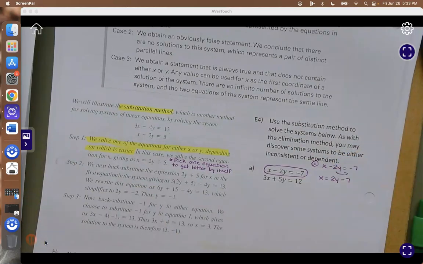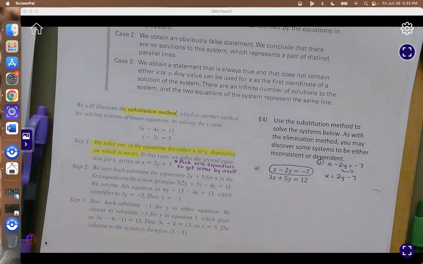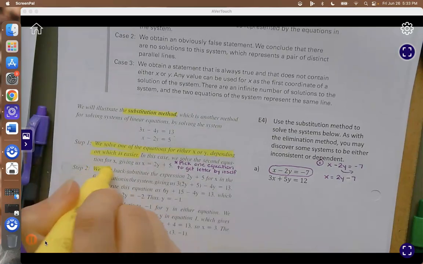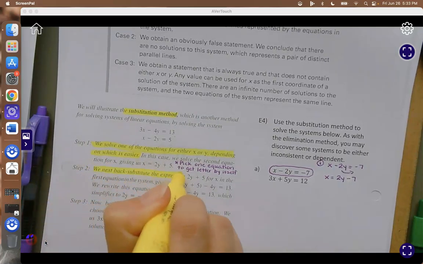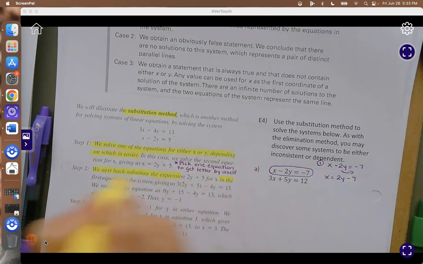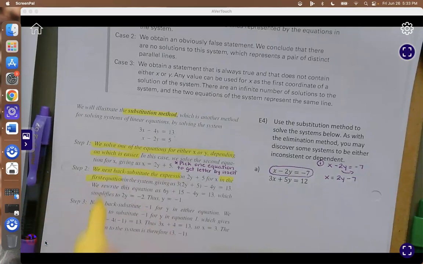Okay. Now, step 2, this is where the substitution part comes in. Next, back substitute this expression into the other equation.